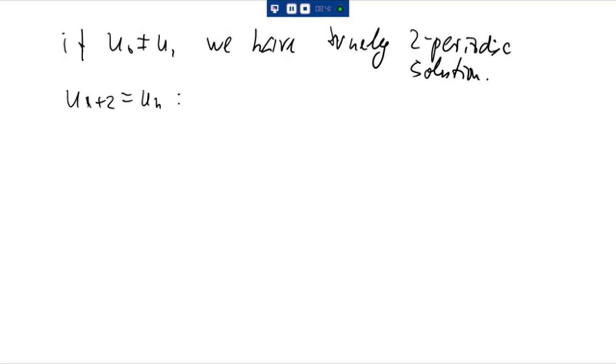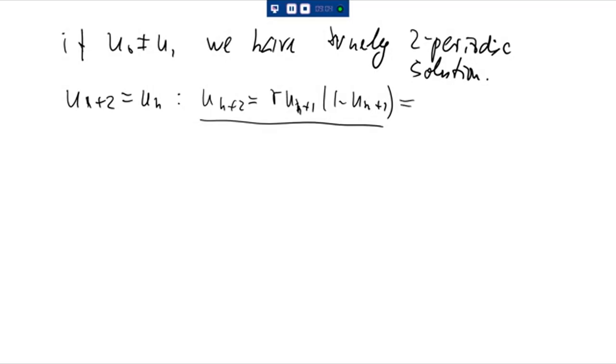Now let's try to expand this. un plus 2 is r times un plus 1 times 1 minus un plus 1. It is our logistic map. And we know that un plus 1 is given by a similar formula.